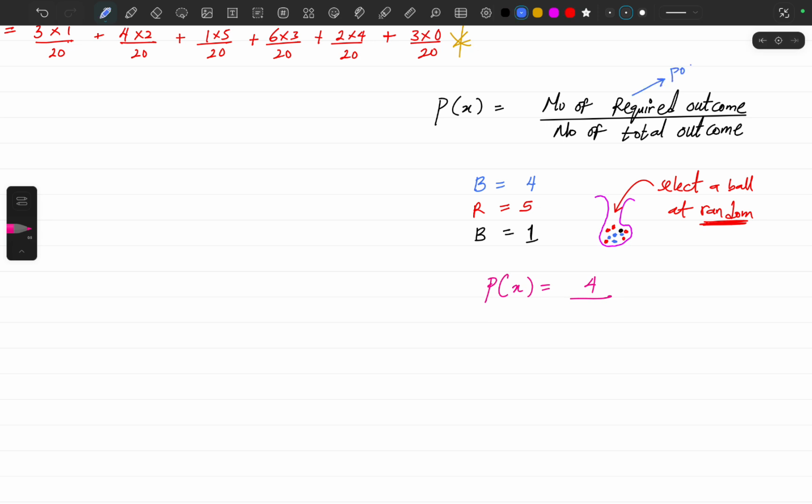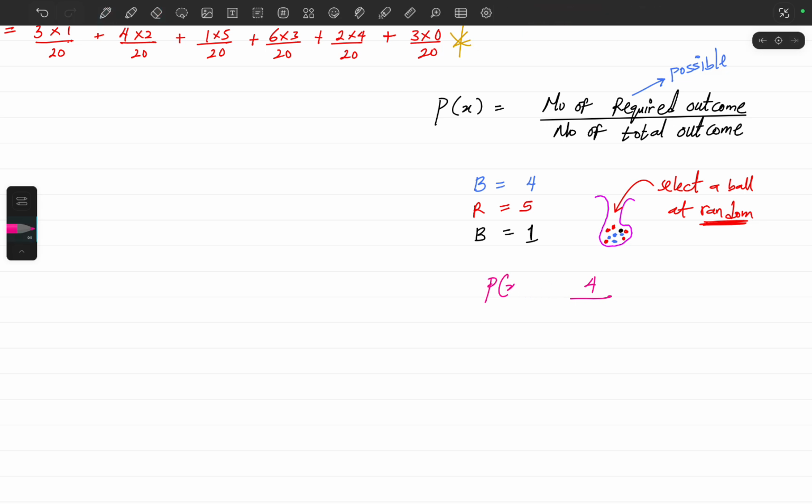You can also say, the number of possible outcomes here? If you look at it, the number of possible outcomes is 4, because I just said the probability of selecting a blue ball. So I'm going to say probability of selecting a blue ball.